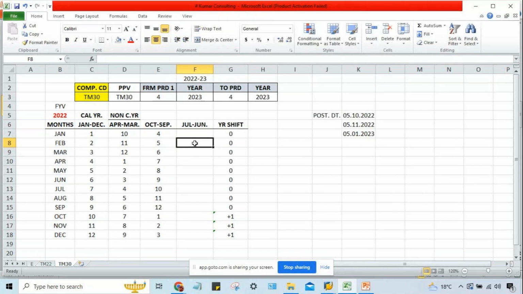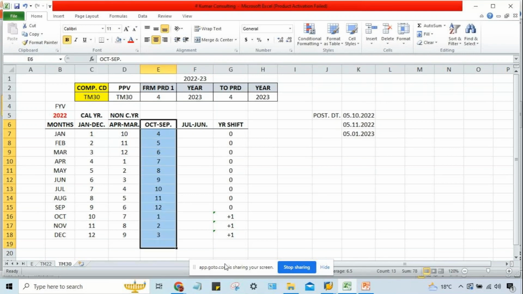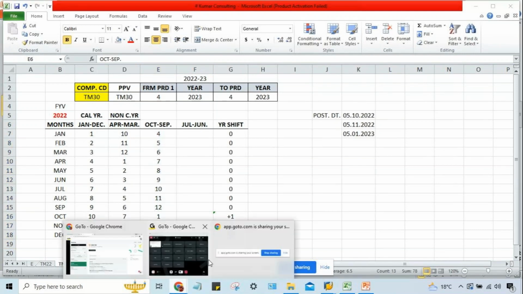So now here, what will happen? It depends on whether, for July to June, from 1st of July onwards, 2023 is going to start or 22 is going to start. Sir, could you please explain once? You're talking about October to September? First, April to March also, sir.